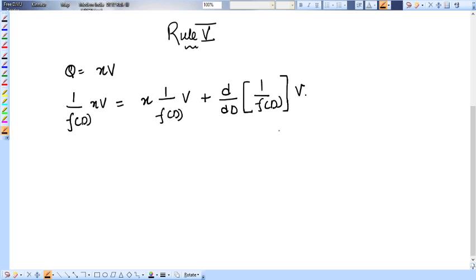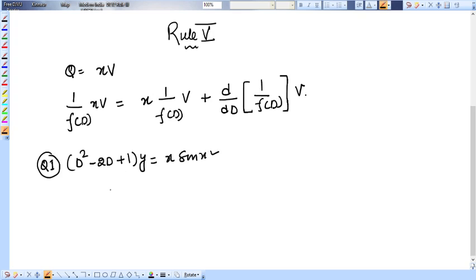So I'm going to solve some problems with this rule. Let's take a few problems in order to illustrate this rule, right? So the first problem is D square minus 2D plus 1, y equal to x sin x.